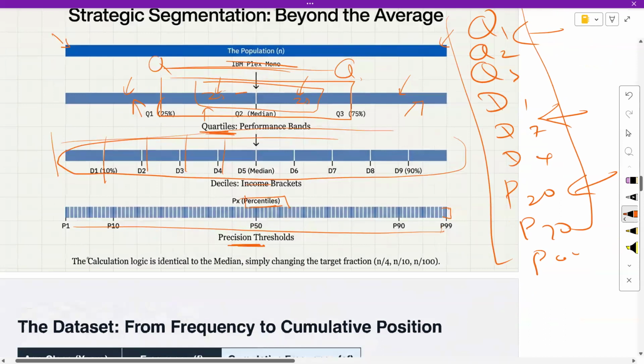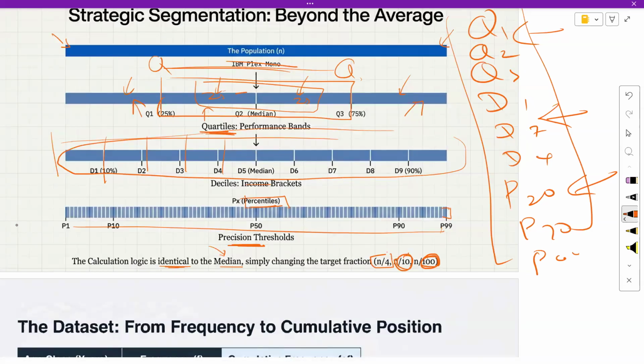How to calculate? The calculation logic is identical to the median. How do we calculate the median? Not the mode, the median. The same formula and logic apply here, simply changing the target. If you want to calculate the quartile, we divide by 4. For the decile, we divide by 10. For the percentile, we divide the total number of observations by 100.